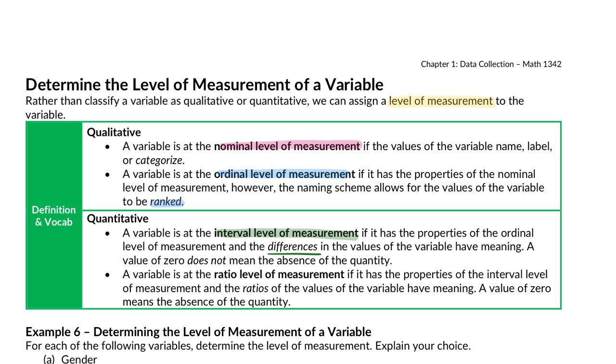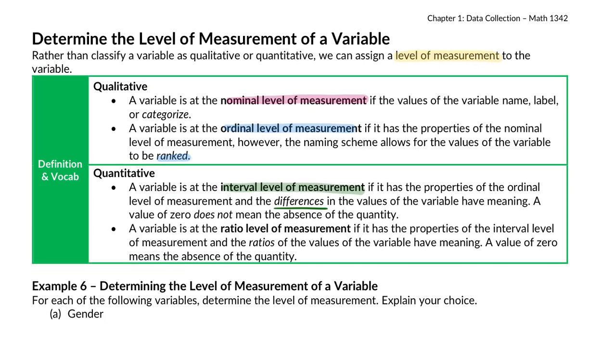So 0 means something. For quantitative variables that are measured at the ratio level, it has all the properties of the interval level and the ratios, this time, of the values of the variable have meaning. In this case, a value of 0 means the absence of the quantity at all.